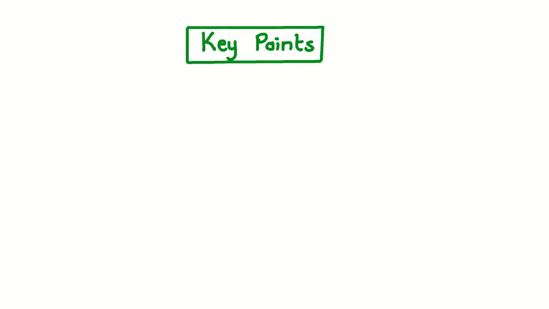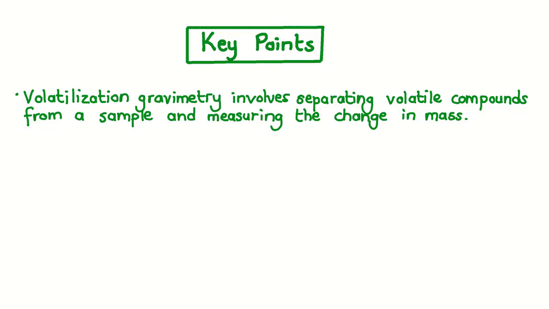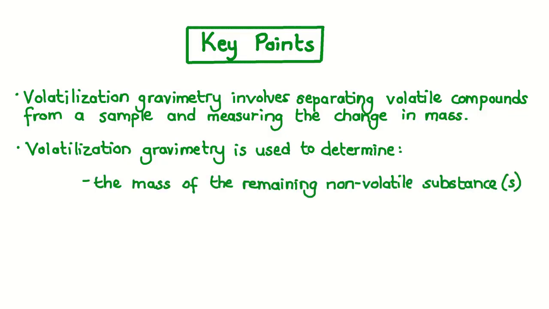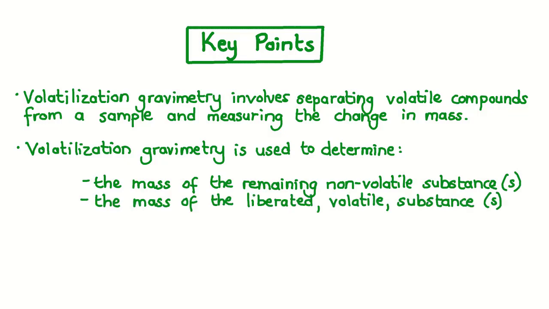Let's summarize what we've learnt about volatilization gravimetry. We learnt that volatilization gravimetry involves separating volatile compounds from a sample and measuring the change in mass. This quantitative analytical method can be used to determine the mass of the remaining non-volatile substances, and from this, the mass of the liberated volatile substances.